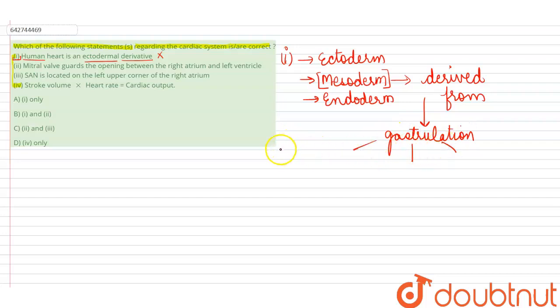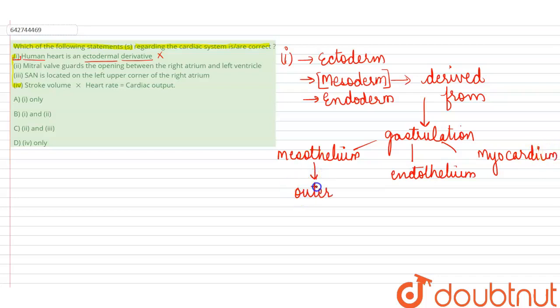The mesothelium further gives rise to the outer lining of our heart, whereas the endothelium gives rise to the inner lining of the heart, and the myocardium forms the other tissues of the heart. So the statement that the human heart is an ectodermal derivative is incorrect because it is of mesodermal derivative.